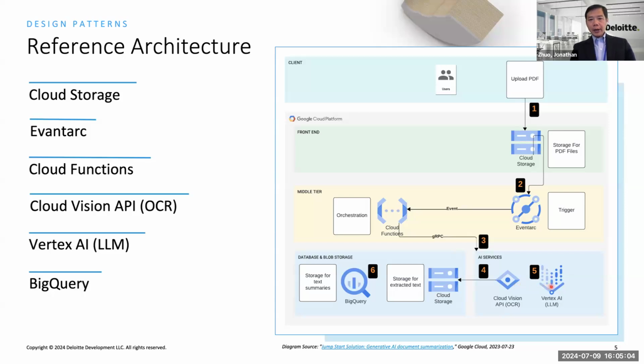The Vertex AI large language model creates a summary from the extracted text stored in cloud storage. And BigQuery handles the storage of the generated summary.